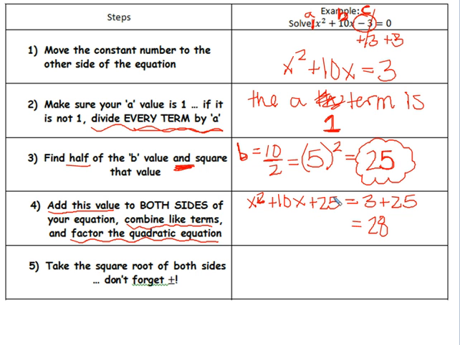If I think of two numbers that multiply to 25 but add to 10, that would be 5 and 5. But since I have two 5s, I can just write my two factors as x plus 5 squared. Okay, so really, if you want to think about it, it would look like x plus 5 and then another x plus 5.